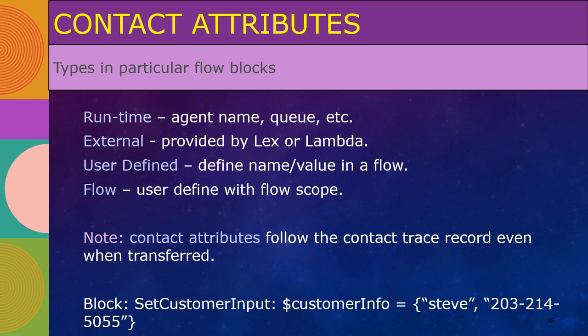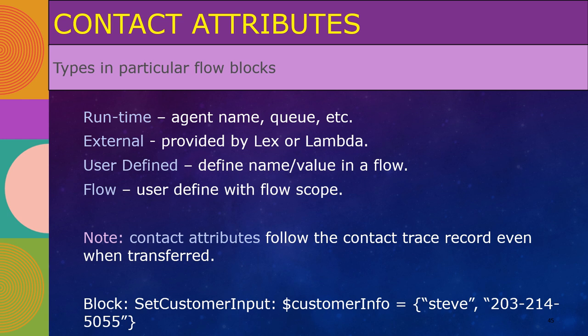Okay, and then there's user defined, where you define a name value in a flow, and that name value could be like, okay, I need Steve's address. So what does that mean? Well, I'm going to define exactly what it means. It's Steve's first name, last name, his address, state, zip, etc. So I might use several different attributes from the customer profile to define this new name value pair.